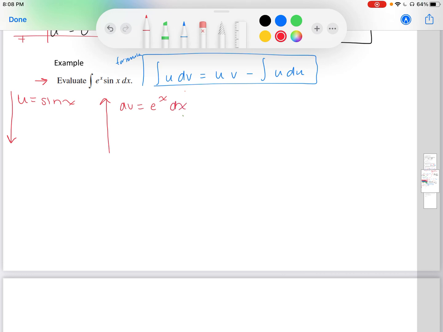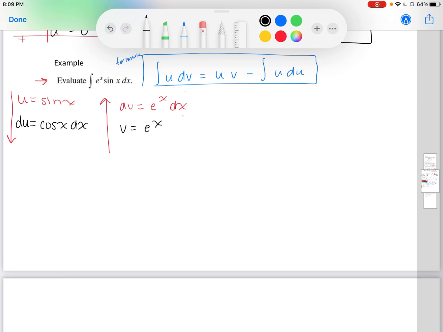Okay, let's go ahead and work it out. Our derivative of u is du equals cosine of x dx. Our integral of e to the x will be v equals e to the x.